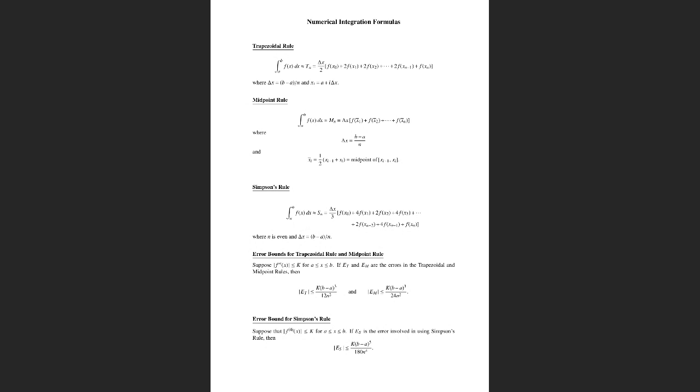So depending on the function, usually Simpson's rule is the best, not always, but generally works the best because of the large denominator in the bottom. That'll make the error bound small because you're dividing the bound on the error, which is given here, by a bigger number on the bottom.